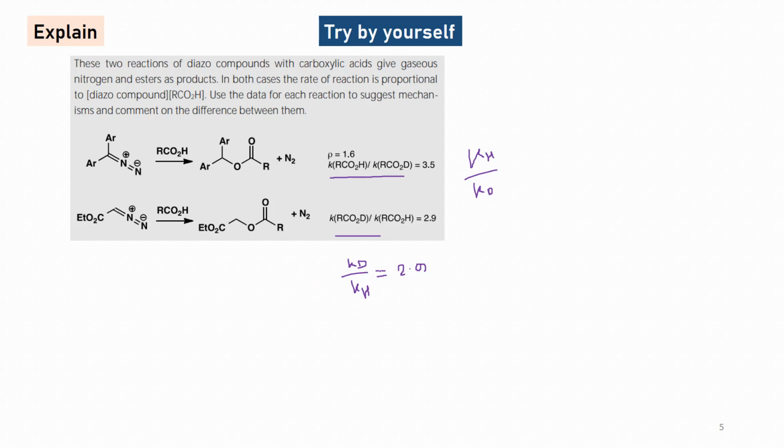To know whether this is a primary kinetic isotope effect or not, we have to get the kH by kD value. So we will just switch it.